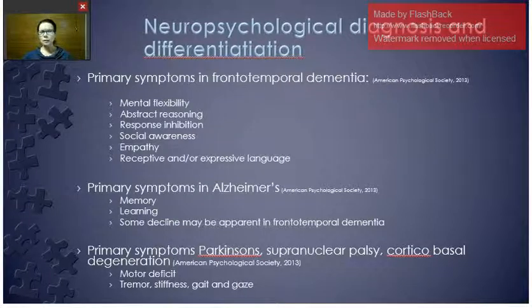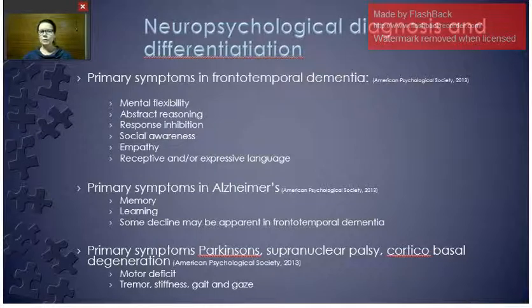In fact, Alzheimer's would have the opposite pattern, where memory and learning would be the most affected, social function affected to a lesser degree. Motor impairments may be apparent, but they would tend not to be present early on, and tests of motor function could be used to rule out things like Parkinson's, corticobasal degeneration.